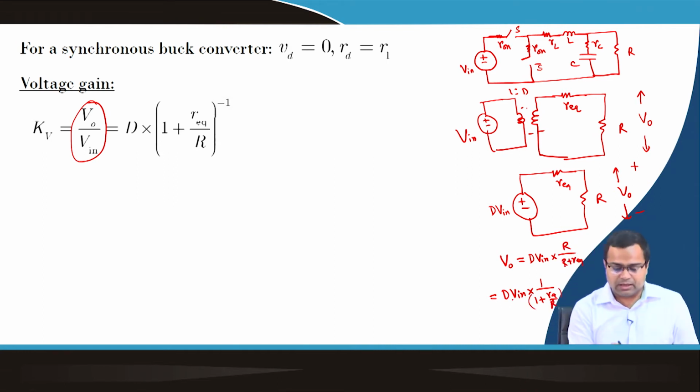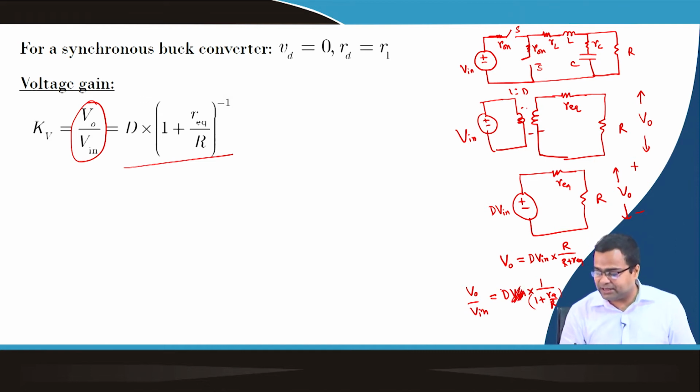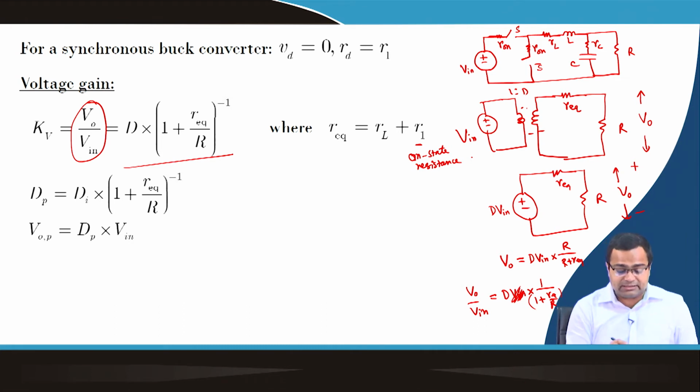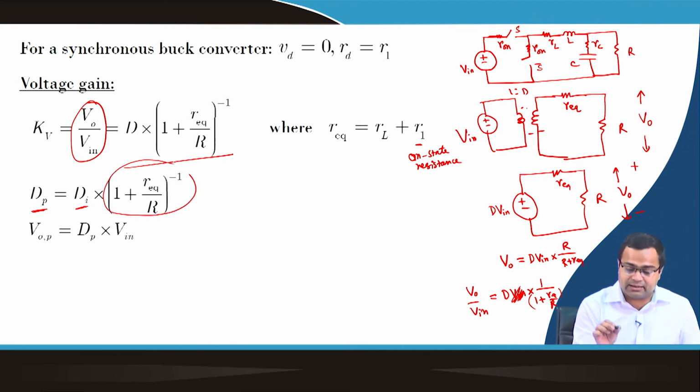Okay, and this is exactly what we are showing, because we are taking V0 by Vin. If you take this, this term will get cancelled. So we are taking the left side. So D times this, R equivalent is the on state resistance. That means my practical duty ratio is D, the ideal duty ratio, multiplied by this correction factor, the correction term.